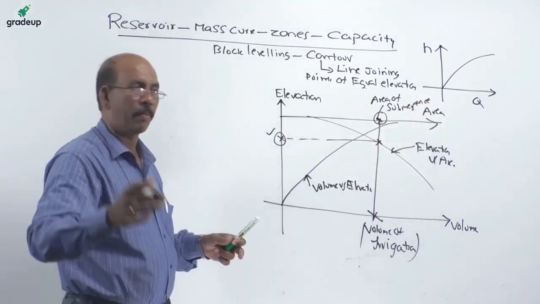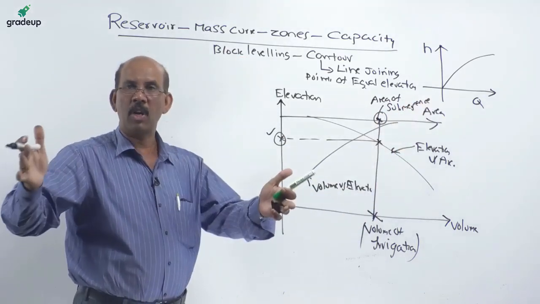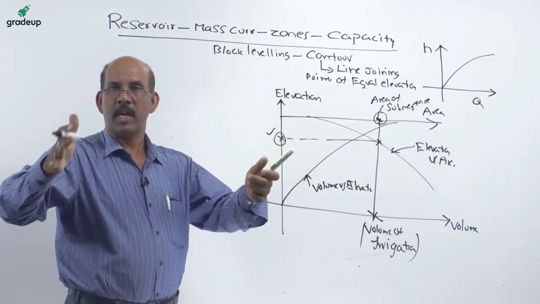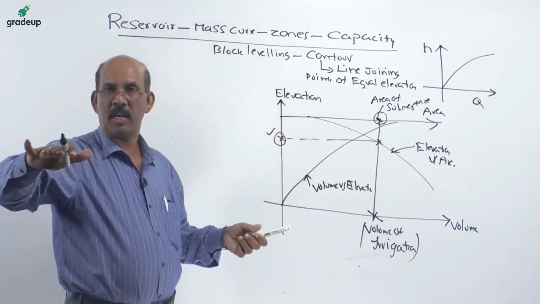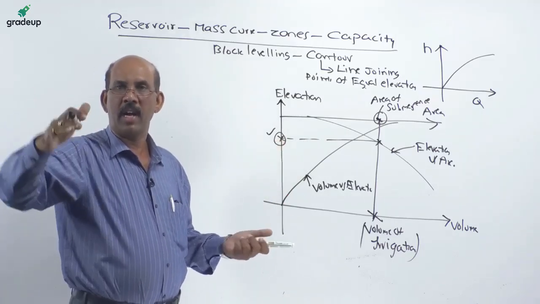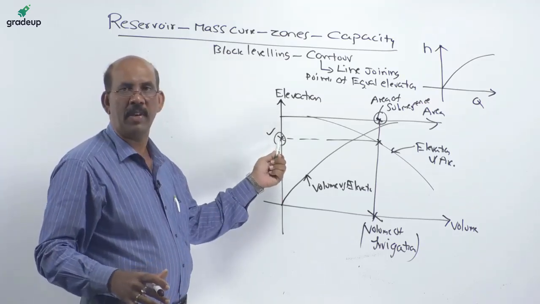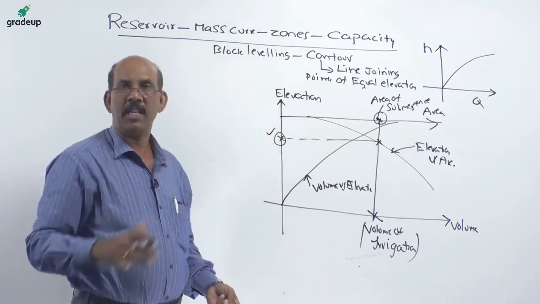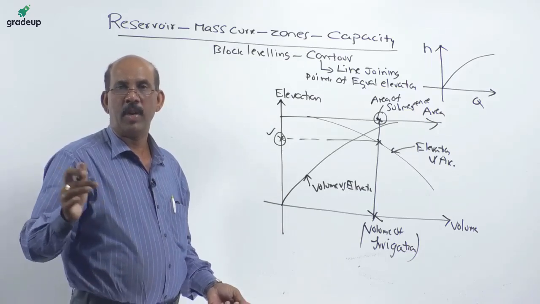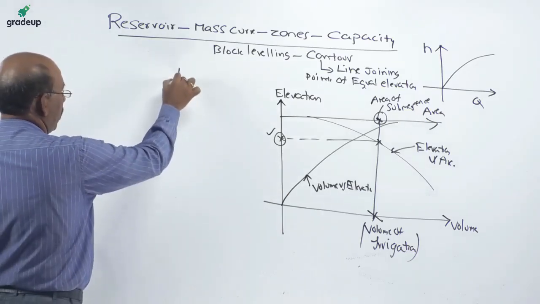This is the area of submergence, this is the volume of water, and this is the height of the dam required. According to this particular elevation, adding some additional factor, we are going to decide the height of this dam.